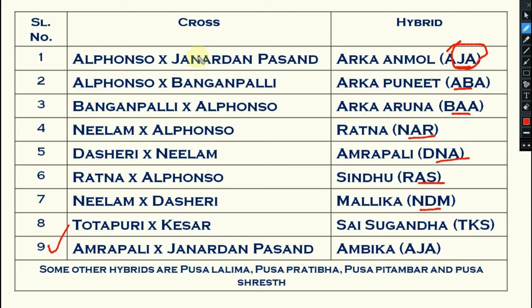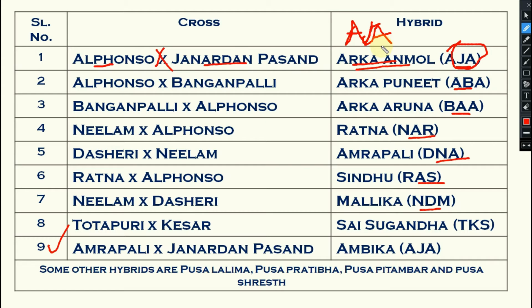A for Alfonso, J for Janardhan Pasand, their cross will be regarded as Orca Anmol. So AJ means in your mind you have to keep that A for Alfonso, J for Janardhan Pasand. If you cross these two varieties, what they have produced is Orca Anmol. Like this we have to remember.